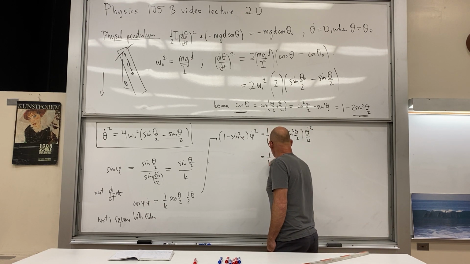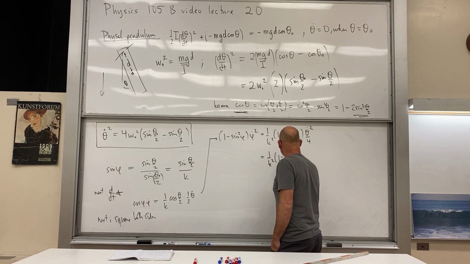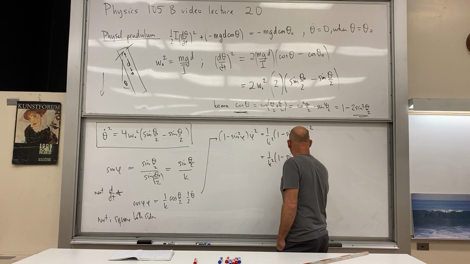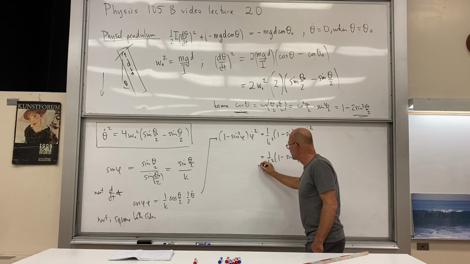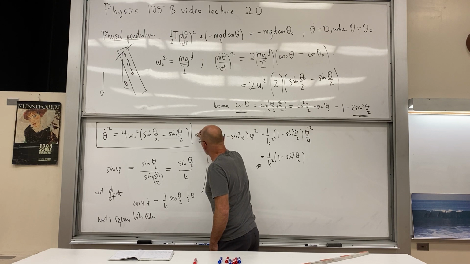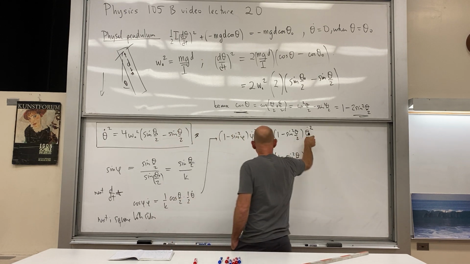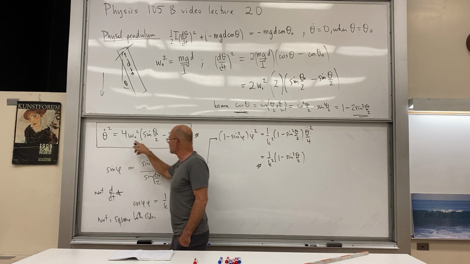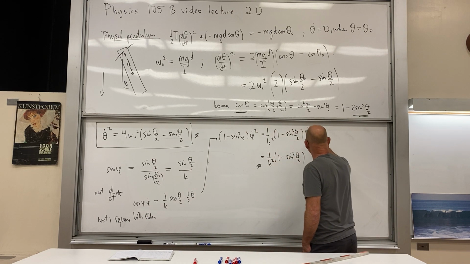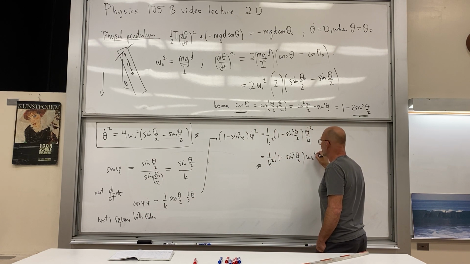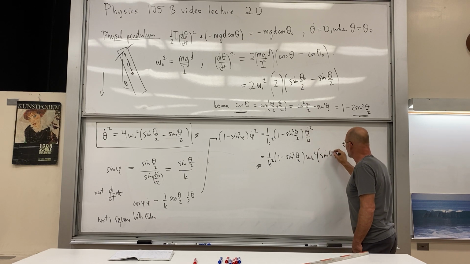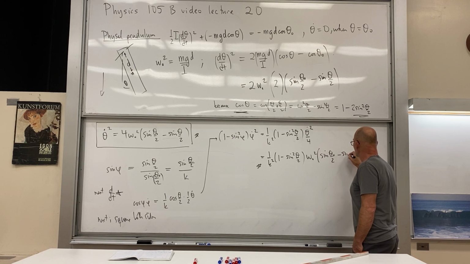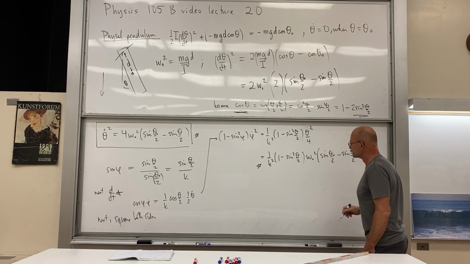So let's copy this again, 1 over k squared, 1 minus sine squared theta divided by 2. Now the theta dot squared over 4 comes from here, right? We've got omega naught squared sine squared theta naught over 2 minus sine squared theta over 2.